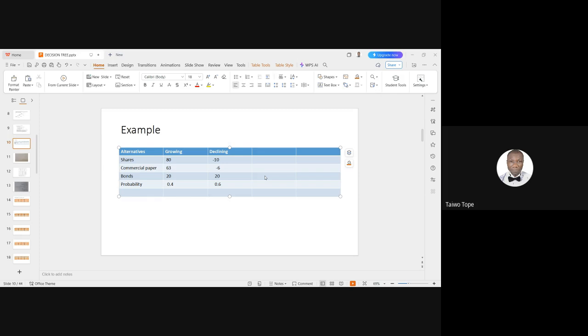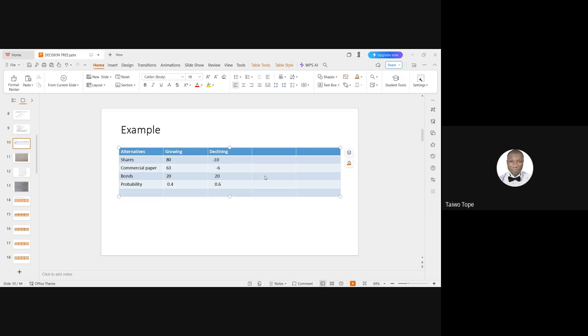Your shares will lead to a chance node. The chance node of your shares will be growing or what? Declining. Isn't it? Growing or declining. Also, your commercial paper will have a chance node with 2 points, growing or declining.